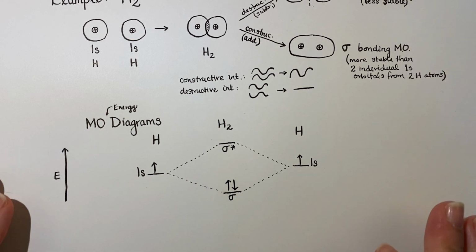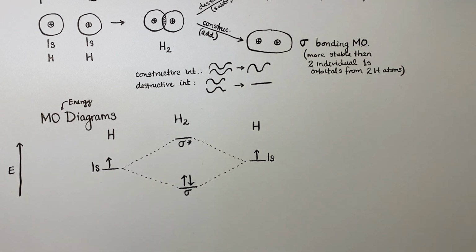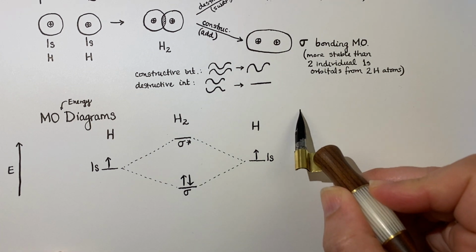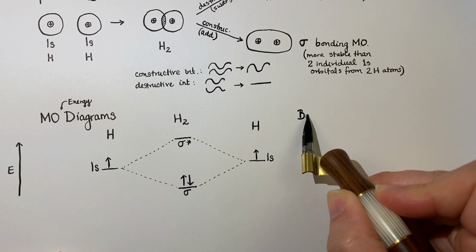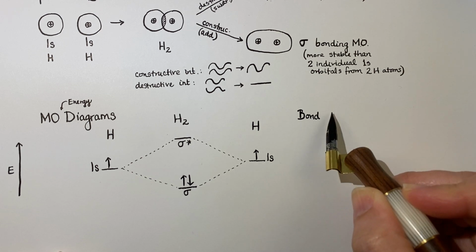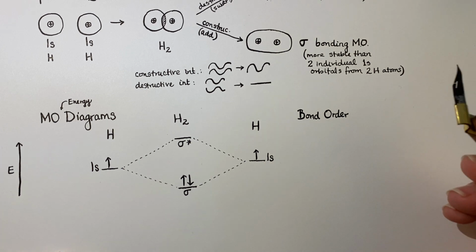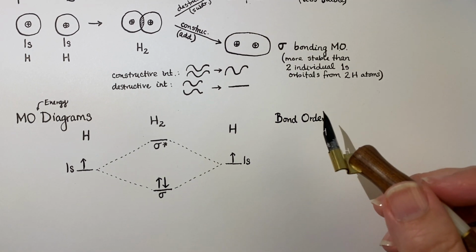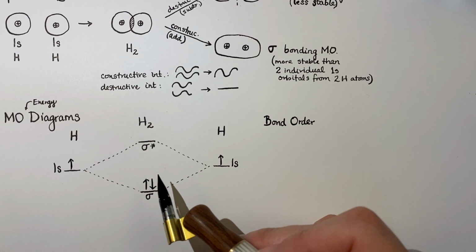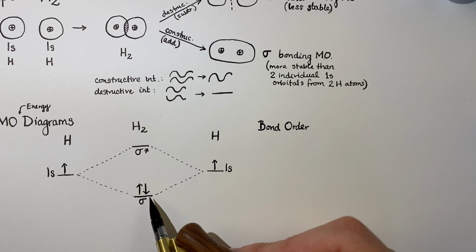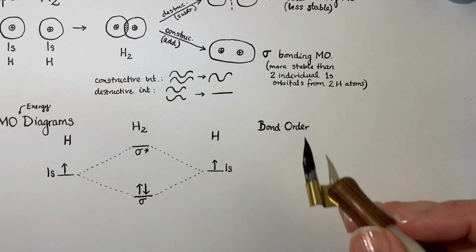There's one other thing we can do with this. And we can calculate bond order, which tells us the strength of the bond. And we can acknowledge that bonding molecular orbitals are more stable, and they are going to contribute to a stronger bond.